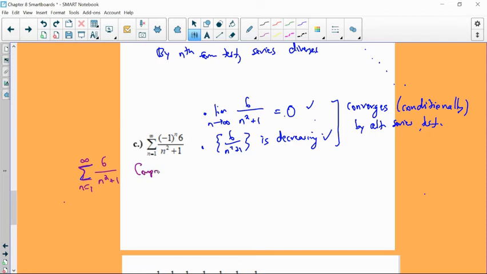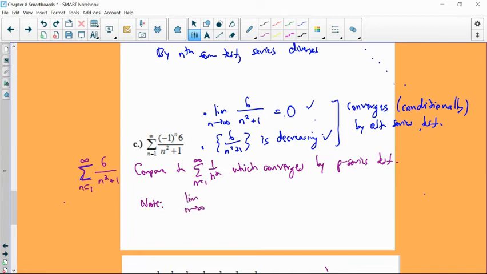So let's compare to the series n equals 1 to infinity of 1 over n squared, which converges by the p-series test.